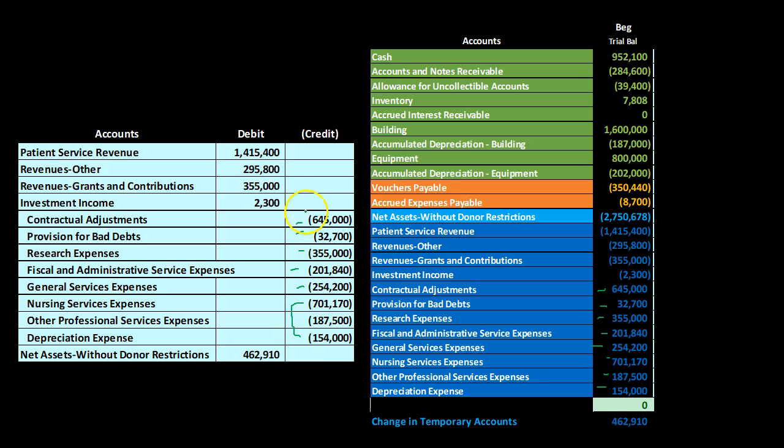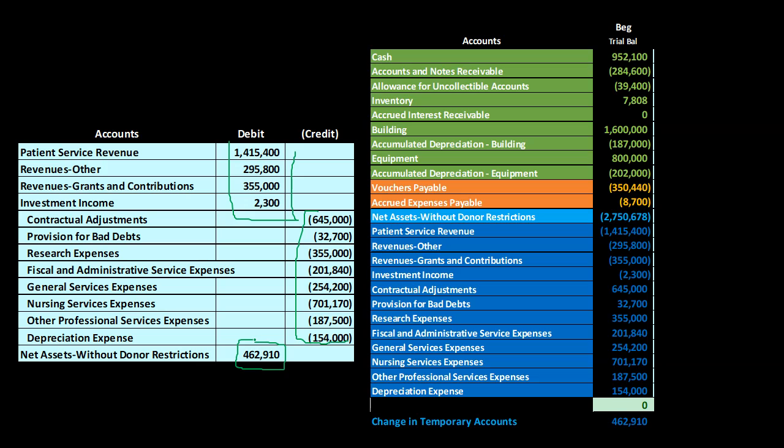And then if we were to add up the debits, and then add up the credits that we have thus far, and subtract the two, we would see that we would need a plug, a difference, something to make the debits equivalent to the credits of this $462,910. That will be the plug. That'll be the difference. You'll note that number should look familiar.